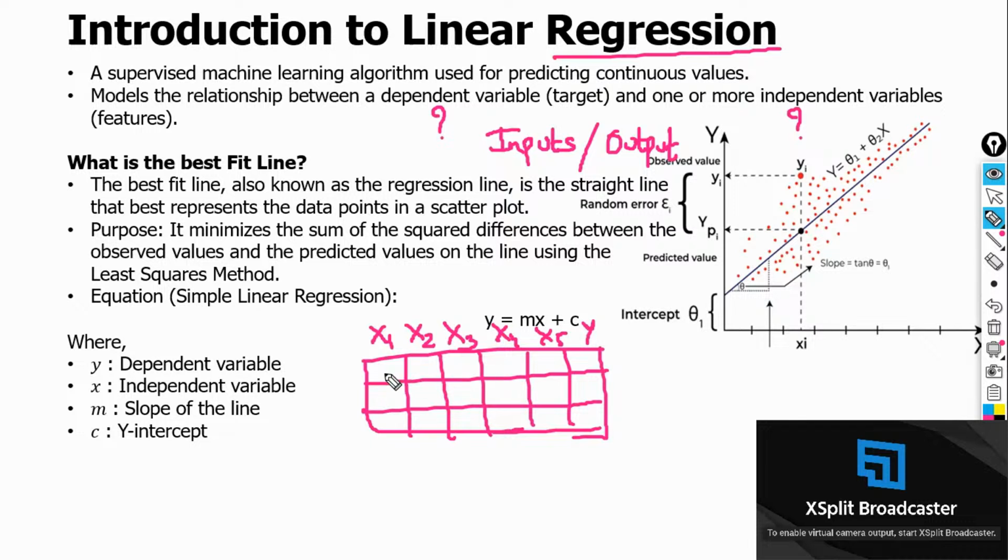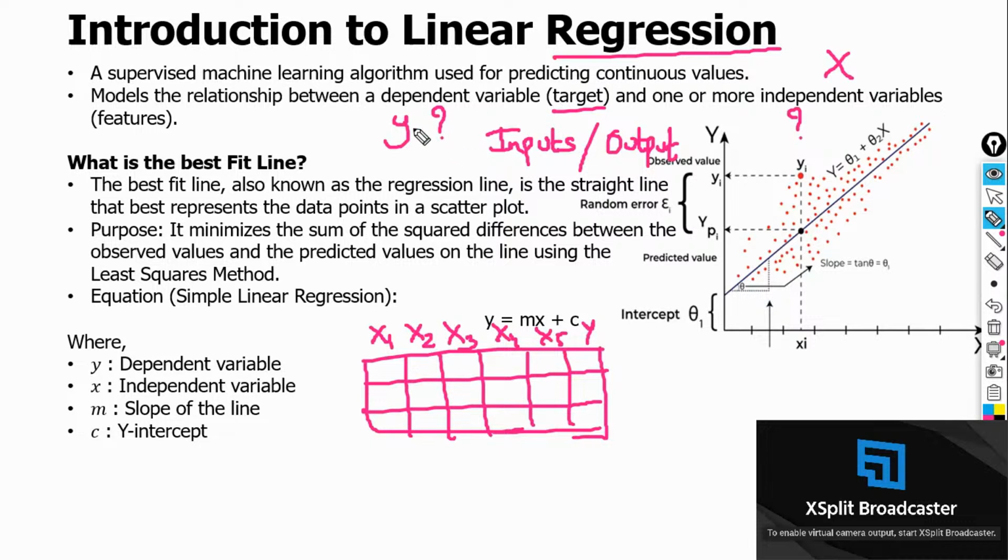Friends, output will be depending on input. In any case, output generally depends on the input. So the dependent variable represents Y. It is also called the target. And independent variables represent X.